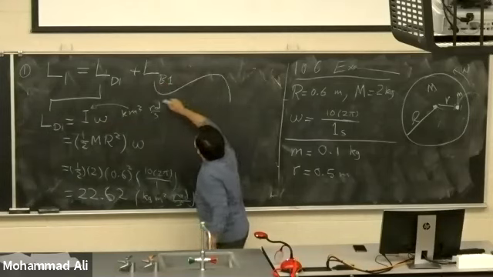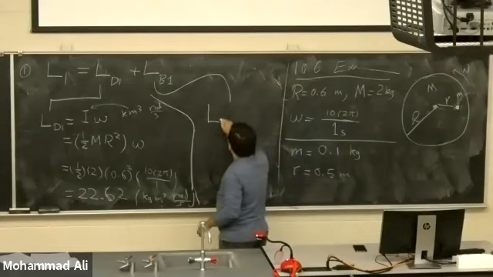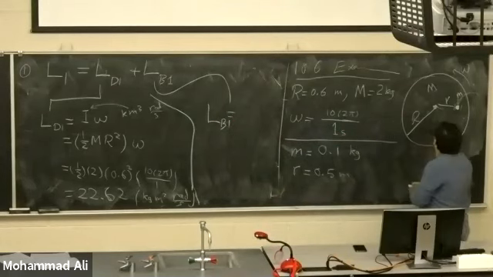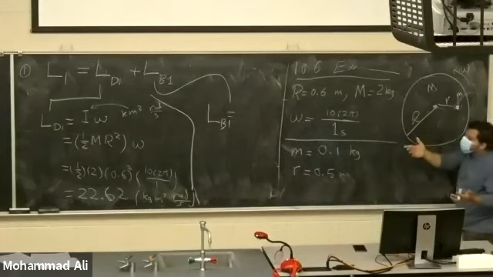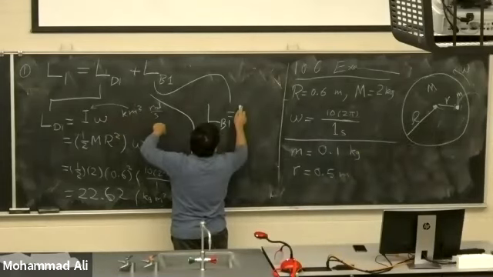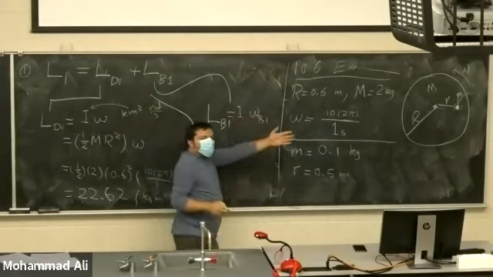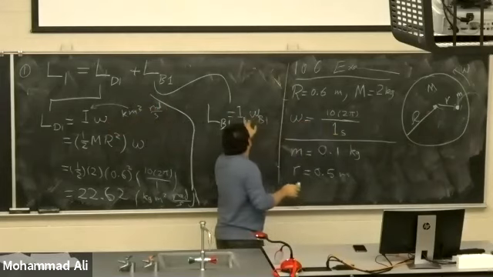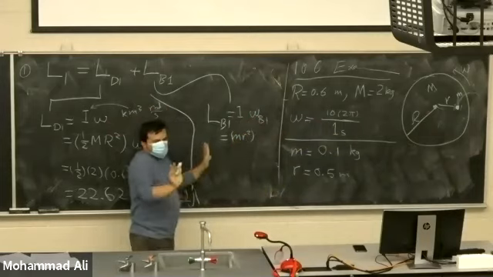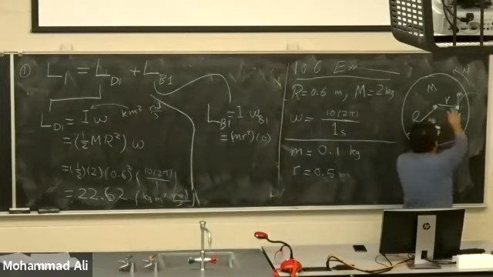What about the angular momentum for the ball? Remember that initially the ball wasn't rotating, right? So it is equal to I omega for the ball initially. The ball is a point mass, so its moment of inertia is equal to m r squared. But omega is 0. It wasn't rotating, it was outside of our system.